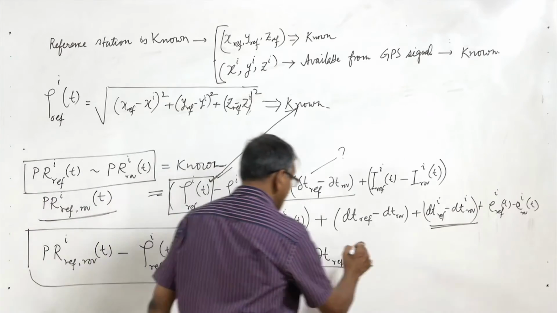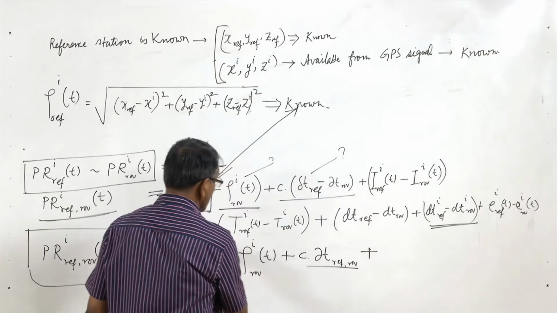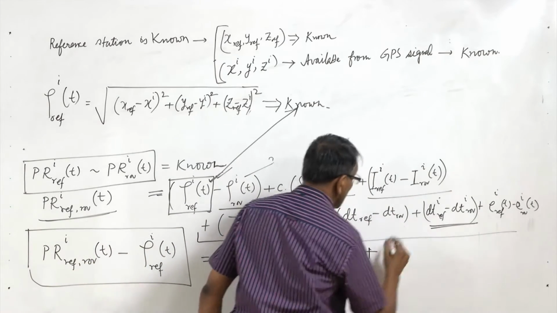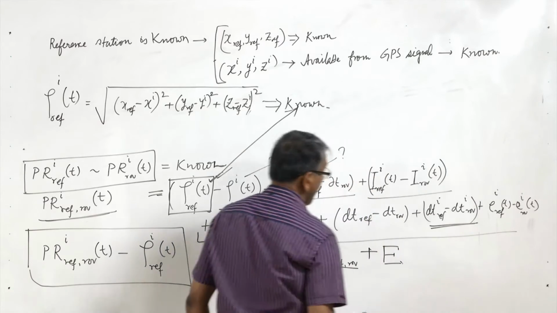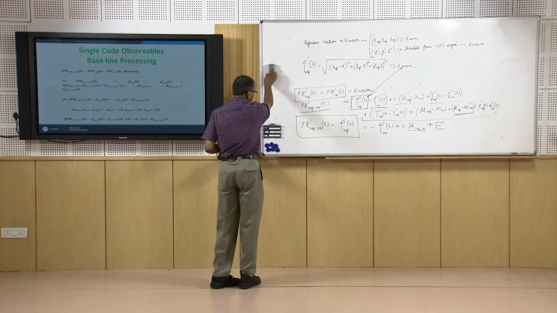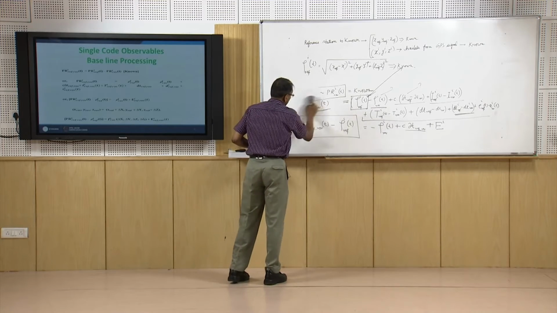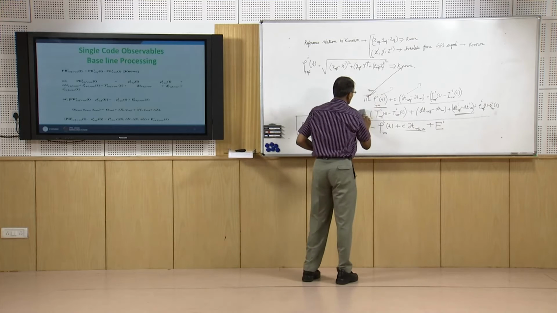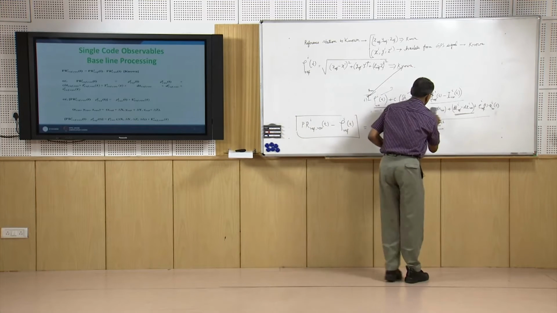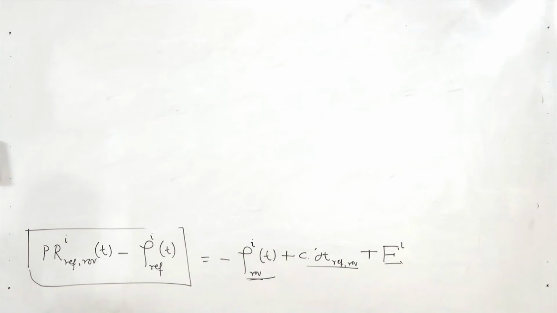For the rest, let us consider an error term E. So, the whole of our GPS baseline observations can be reduced to this expression.